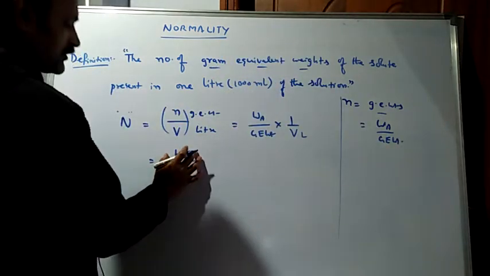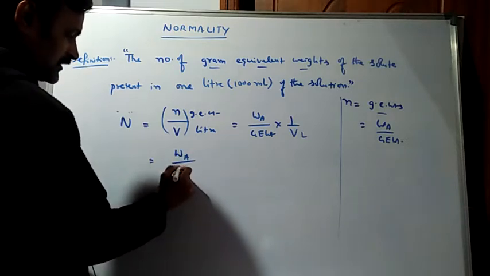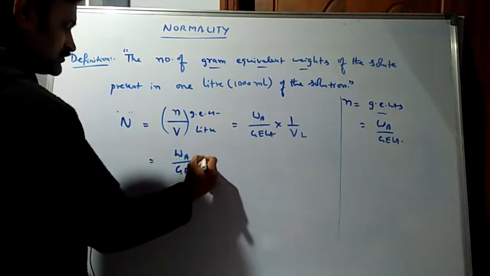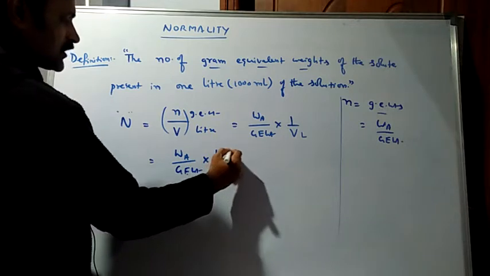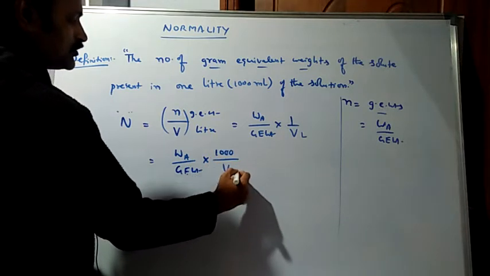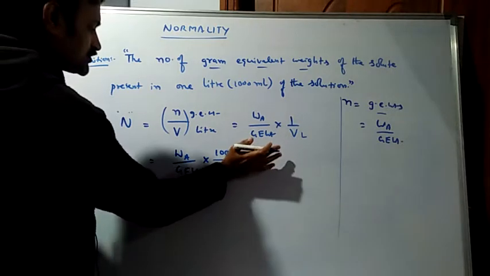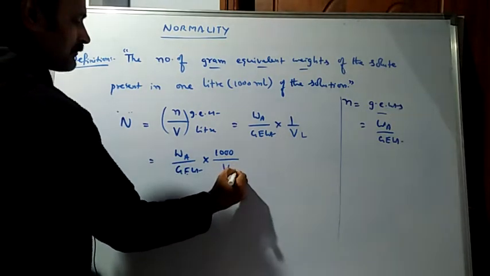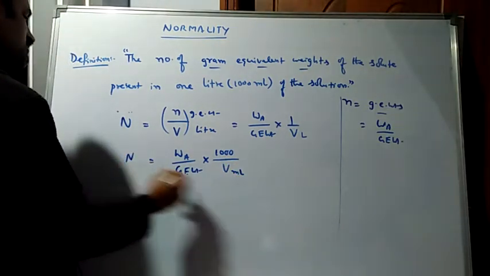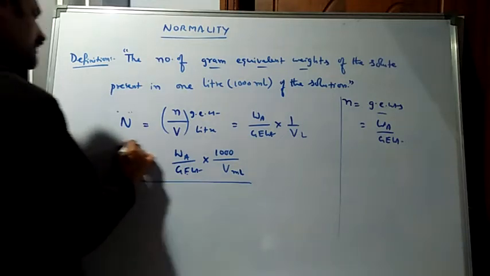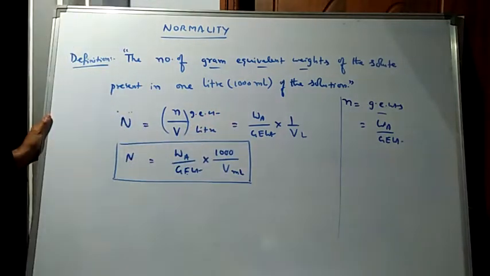So this is the normality detailed mathematical formula.